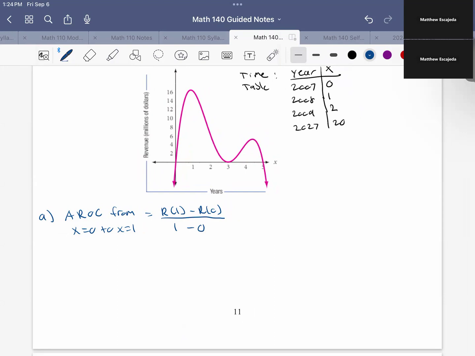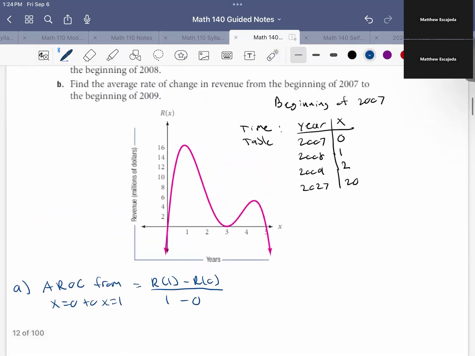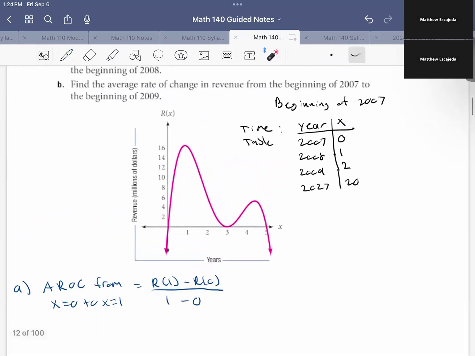You could flip-flop it if you want, r of 0 minus r of 1 over 0 minus 1, but you'll get the same answer. I just like doing it positive. So r of 1. Luckily we have the graph here, so we don't have to compute anything. It's just asking what is the value of this function at x equals 1? It looks like it's 16.